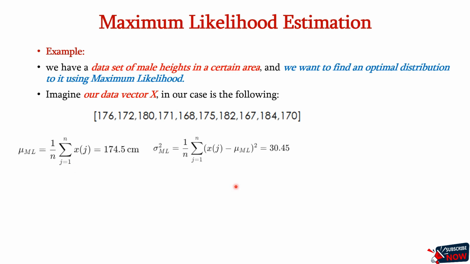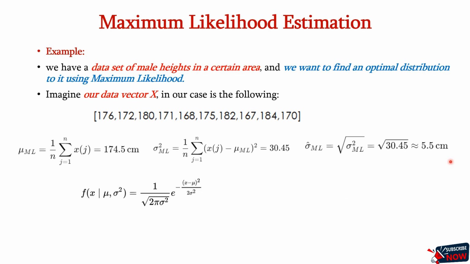And let us find the variance by using this equation. So we have 30.45 for variance, and standard deviation is nothing but the square root of the variance, which is 5.5 centimeter.